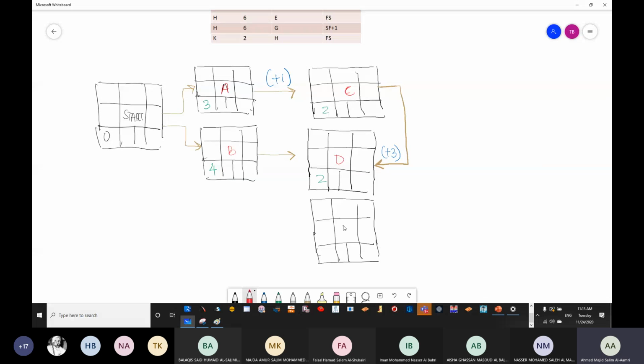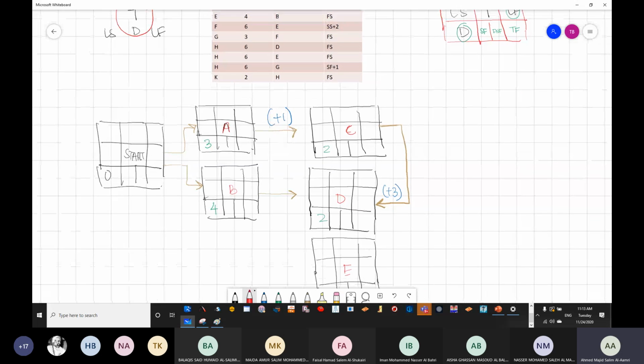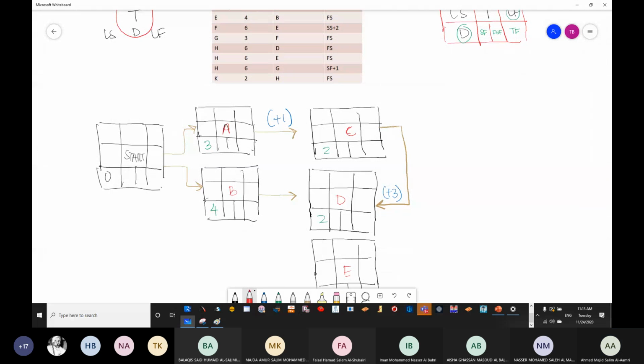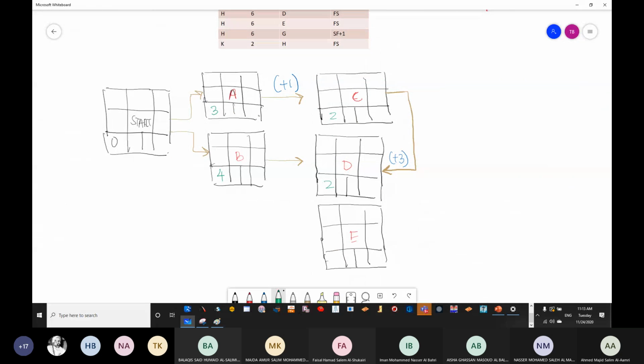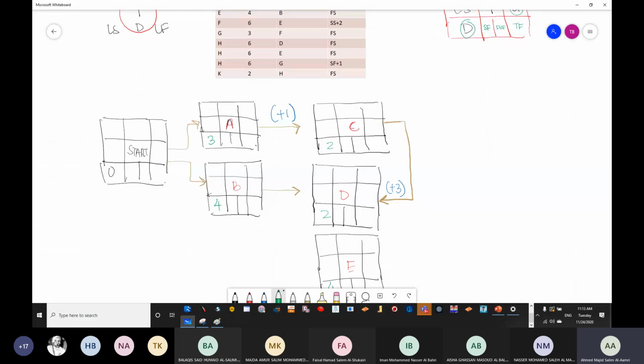So this is E. What is the duration of E? The duration is 4 days. What is the relationship? We need to finish B to start E. So the relationship goes finish B to start E. Okay, and we have finished from E.